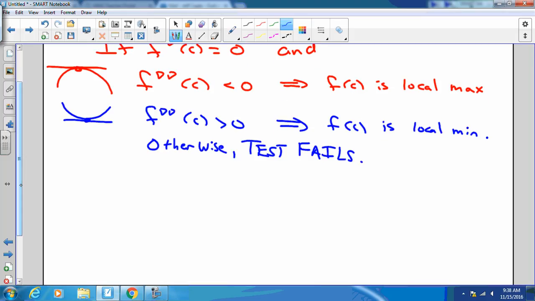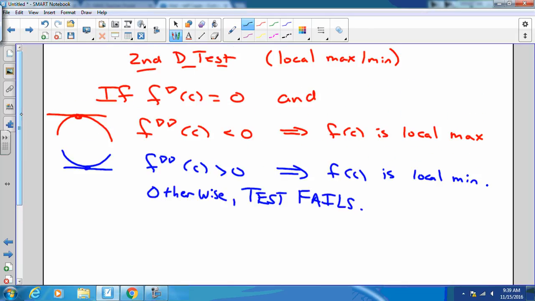Now, let's get a proof of this. The proof is kind of nifty. And I want to observe that I cheated a little bit because I drew my curve as concave down on this entire interval. But actually, I don't really know that my curve is concave down on an entire interval because I never said anything about f double prime being negative on an interval.